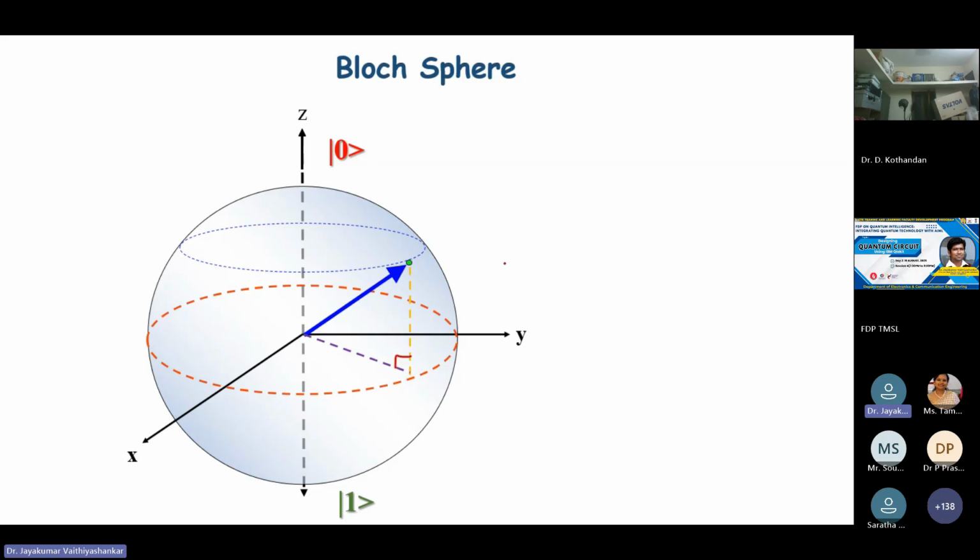By doing two projections, we can form a right angle triangle, about 90 degrees. Why are we doing this? Because we need to apply trigonometry.